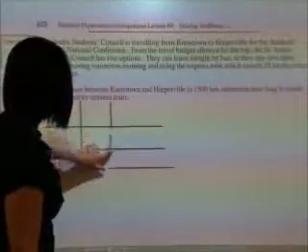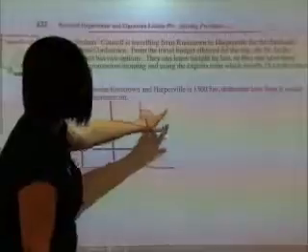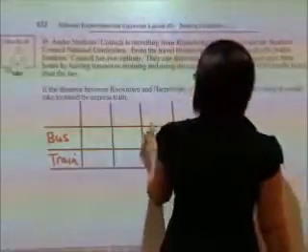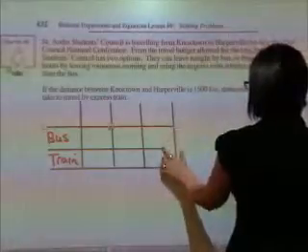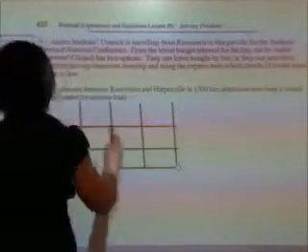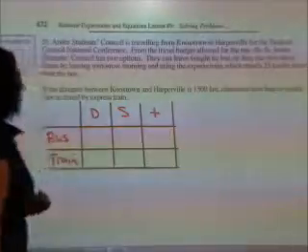And then I'm going to have my distance, my speed, and my time. So distance, speed, and time.